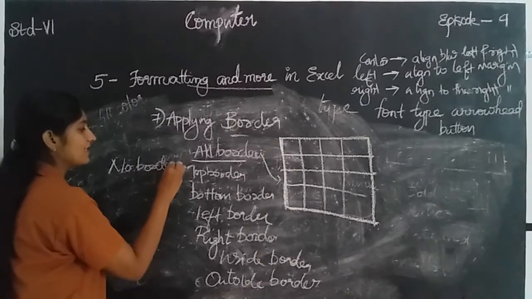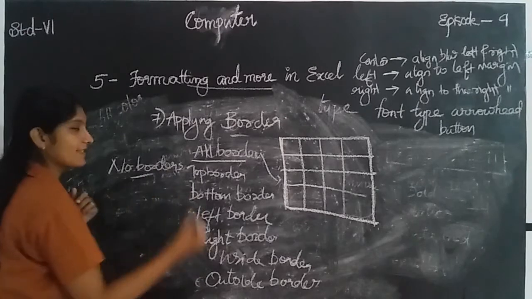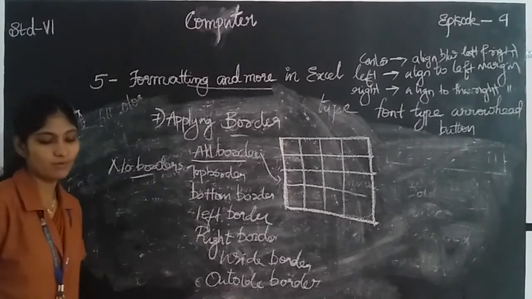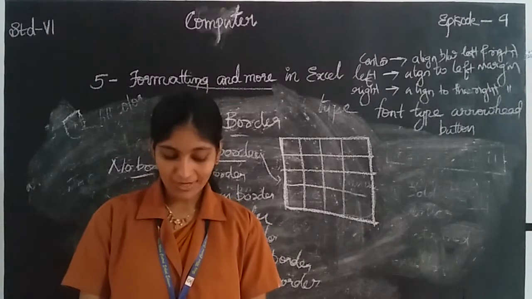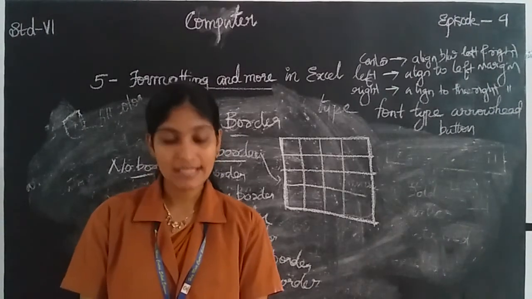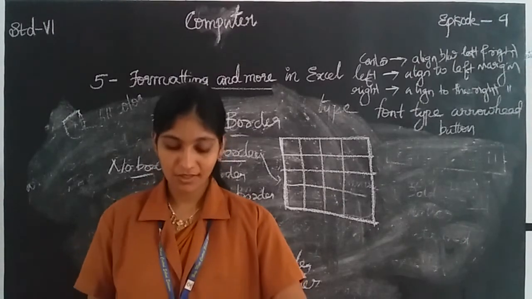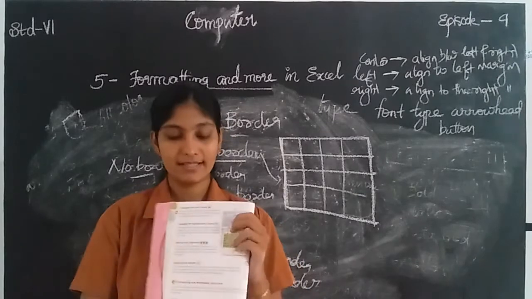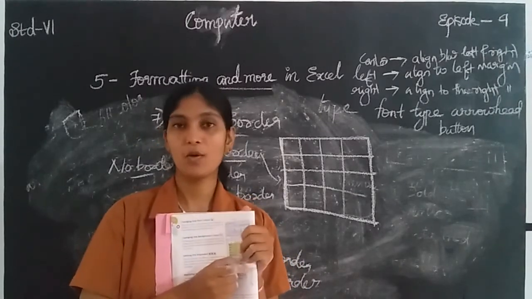No borders, that means all the borders will be removed from here. So applying the border means you can apply various types of borders to the worksheet data by clicking the border alignment button. So look at the page number 44. There is a border alignment button.